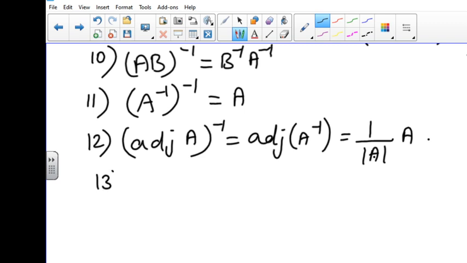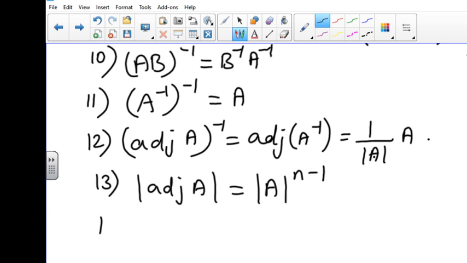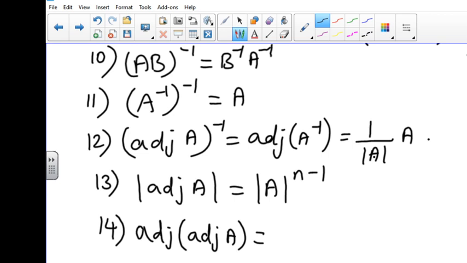13th one, determinant of Adj A is equal to determinant of A to the power of n minus 1. 14th, Adj of Adj A is equal to determinant of A to the power n minus 2 into A. 15th one, determinant of Adj of Adj A is equal to (determinant of A to the power n minus 1) the whole squared.